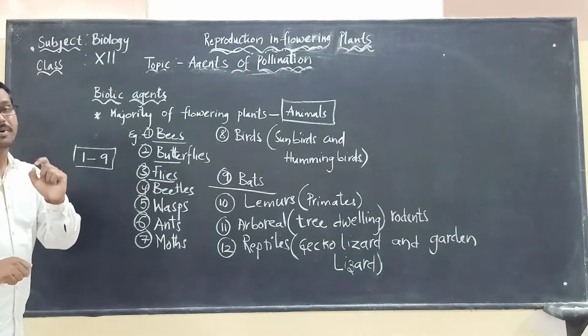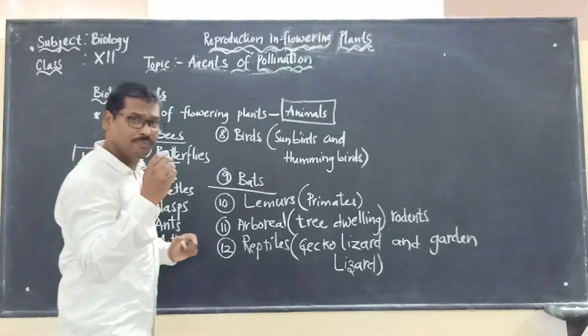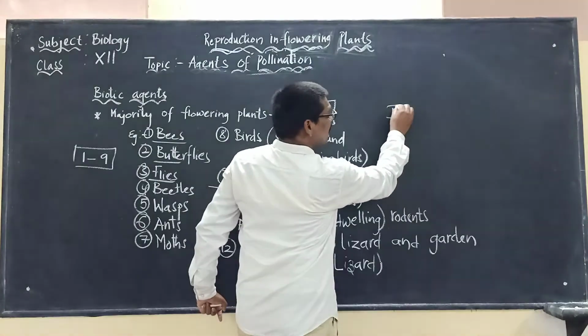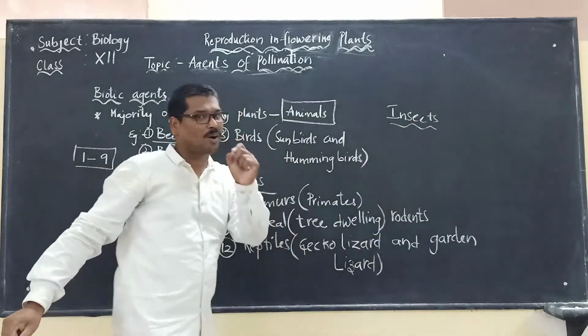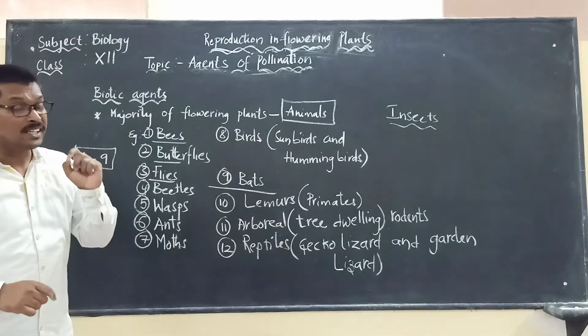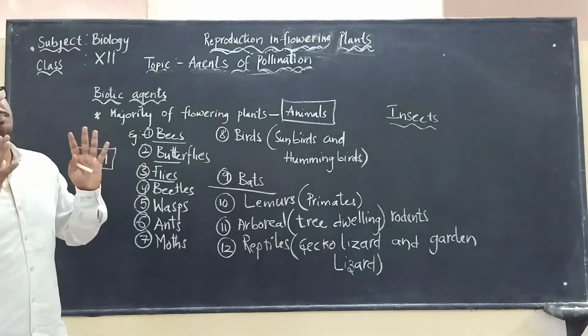But very important, among all these biotic agents, we have to remember that insects are the most important ones helping in the process of pollination. They are the dominating agents of pollination.